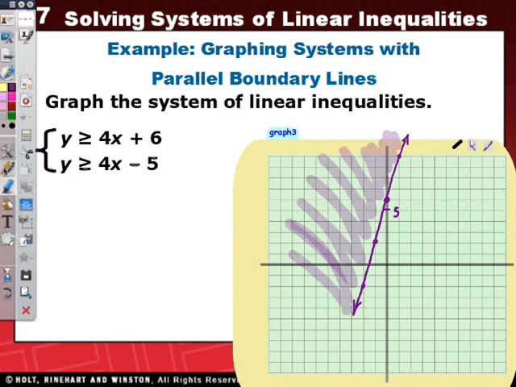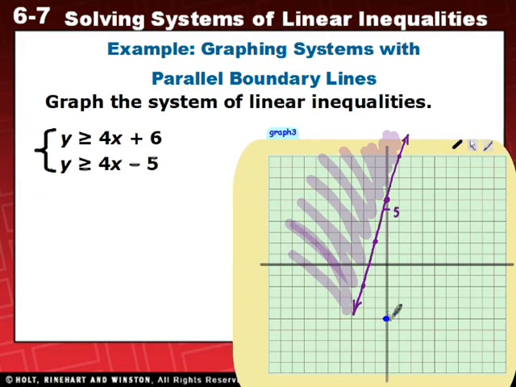And now we're going to do the other line, blue, 4x minus 5. So here we are down here at -5. And still a slope of 4. They have to be parallel. And it is also equal to, so we can just draw our line. If your lines don't end up parallel, try again.